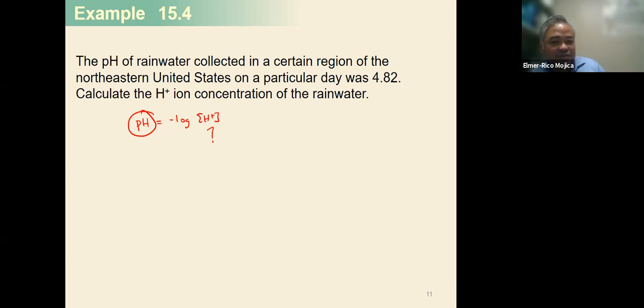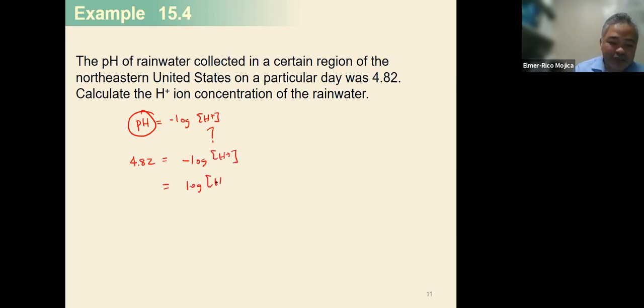What is the inverse of the log? Because you will have 4.82 equals negative log of H plus, and to get the log of H plus, you have negative 4.82.